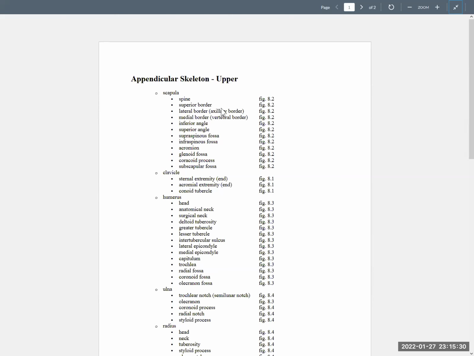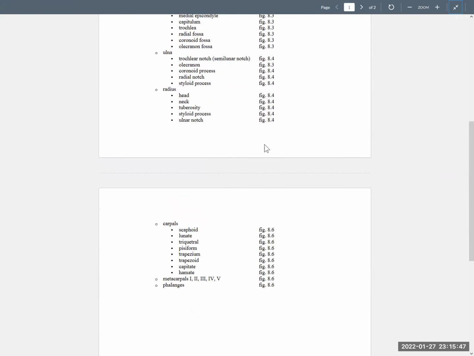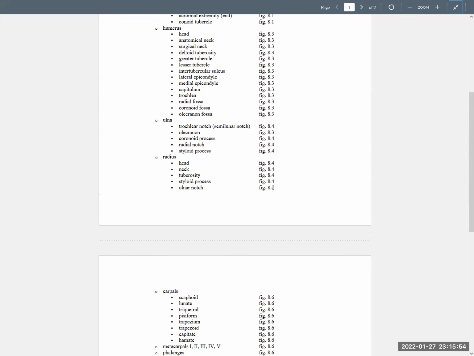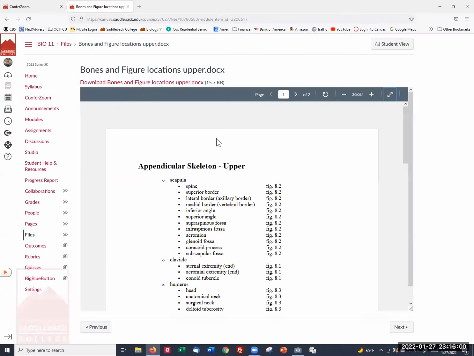But this has in addition the figure number in your book where you can see this at the same time, so this is a little bit more valuable to you. It helps move you through it. And obviously, if you look at the repeat figures, one figure being used for several things, you really don't have a lot of figures that you have to look at. Just showing you where that is.